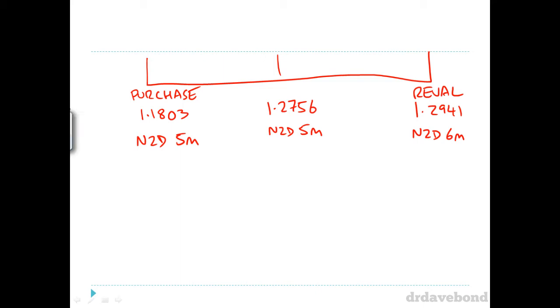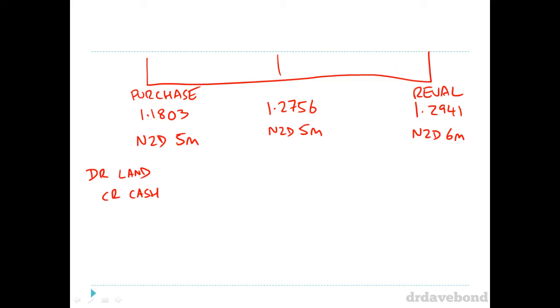So for the initial transaction, we debit land and we credit cash, and it's at 1.18. If you printed out the information in the Word document, the numbers are all correct, but there is actually an error in each of the calculations.